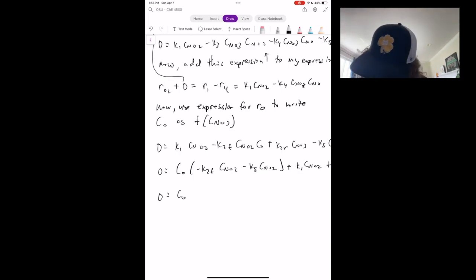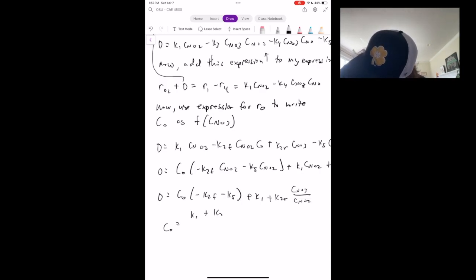Then if I make one further simplification, I can say CO is equal to K1 over... this is writing this very sloppily, let me redo it.